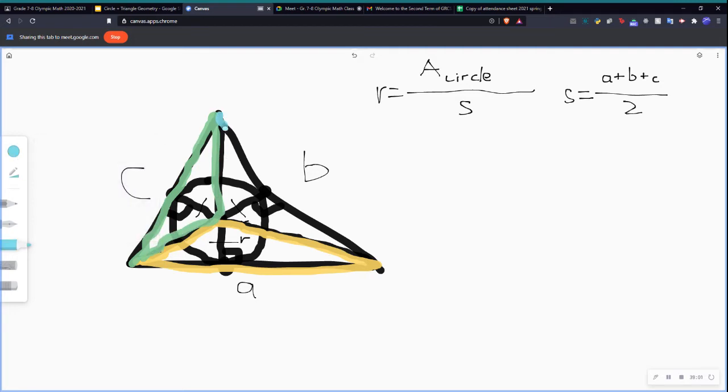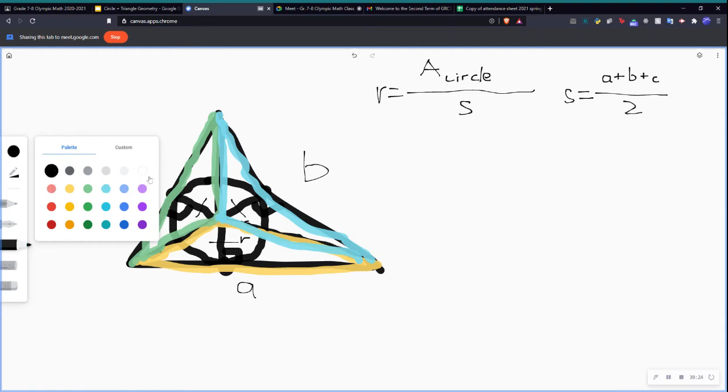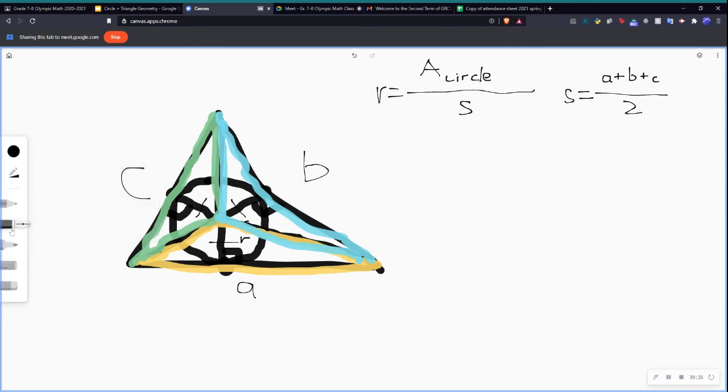And then we also have a triangle right here for angle B, side B, like that. So notice that the areas of each of these 3 triangles add up to the total area of the larger triangle. Right? So we're going to use that in our proof actually.